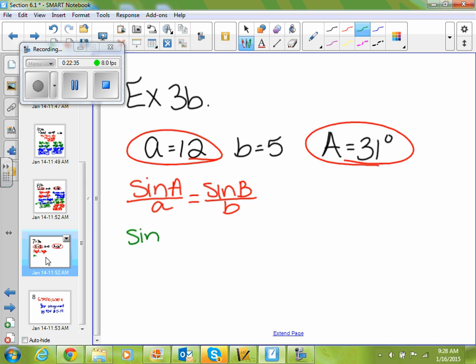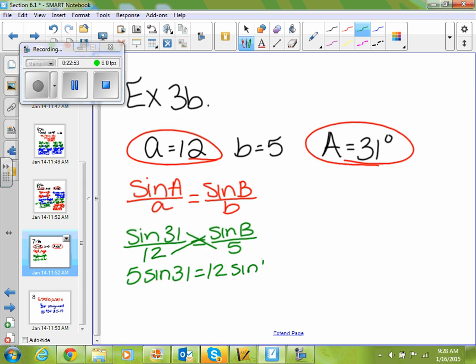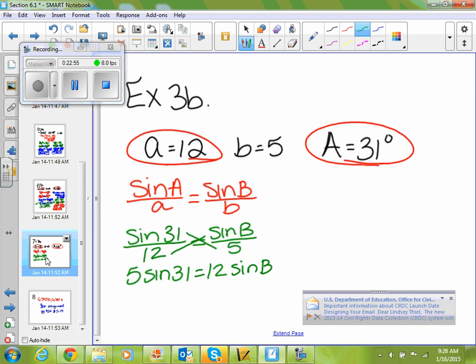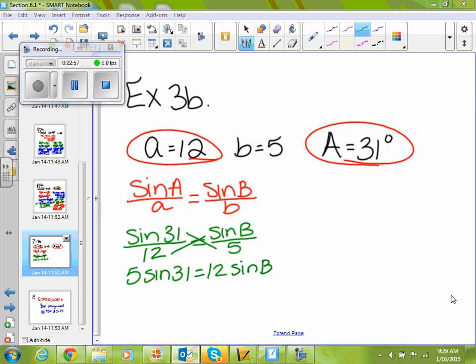Sine of A means sine of 31. A is 12. Sine of B is what we don't know, but we do know that B is 5. Cross multiplying, I get 5 sine of 31 equals 12 sine of B. If I divide by 12, sine of B is going to equal whatever that is.